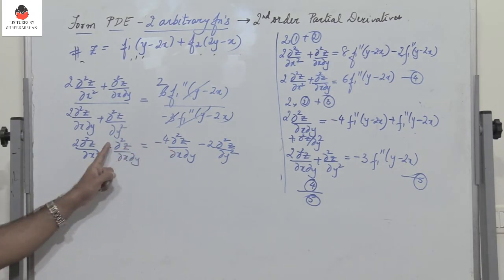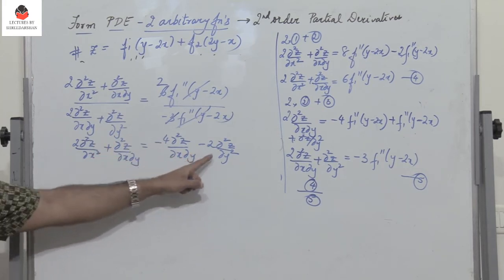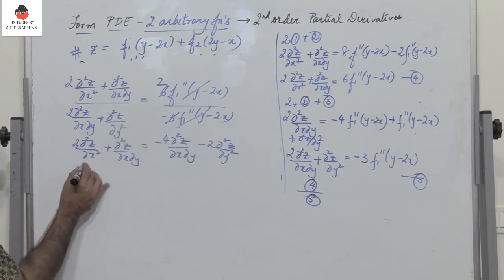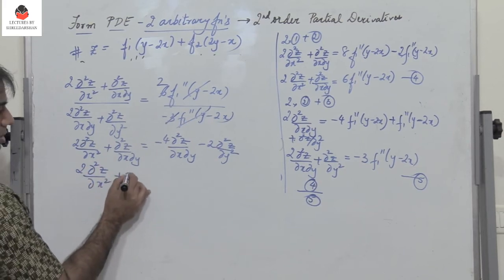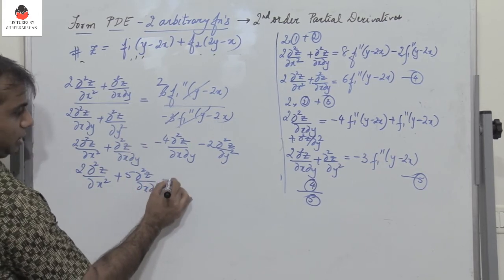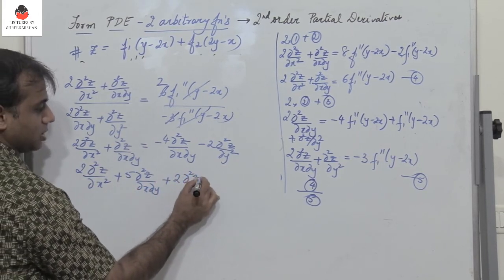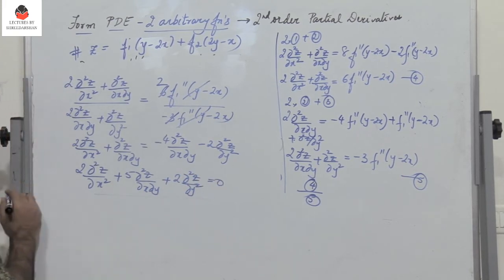So minus 4 becomes plus 4. So 4 plus 1 gives us 5, and this also comes to LHS. So we have 2 ∂²z/∂x² plus 5 ∂²z/∂x∂y plus 2 ∂²z/∂y² equals 0. So this happens to be the required partial differential equation.